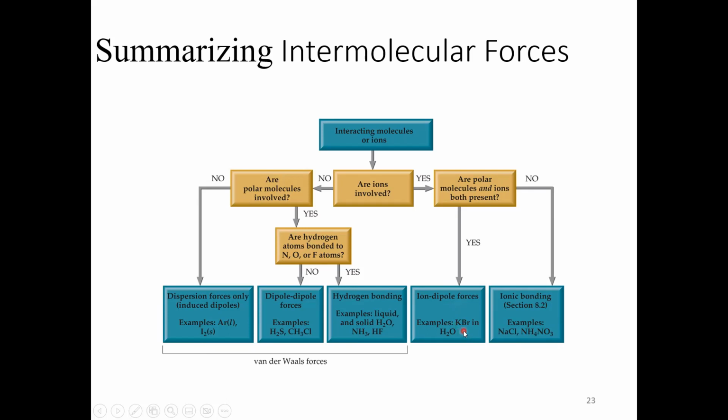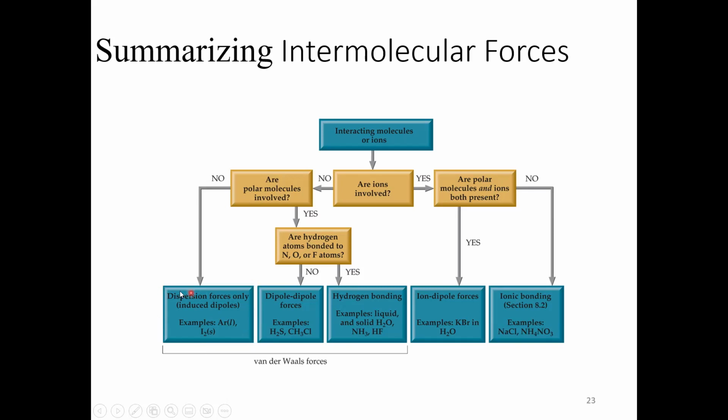This is like when we take those ionic substances and dissolve them in water. Now we'll have the potassium bromide dissociate, and we'll have the positive cation surrounded by the negative oxygens. And then the negative bromide is going to have the water molecules surrounding it, so that the positive hydrogens are pointed at it. But if no ions are involved, now we're looking at the van der Waals forces.